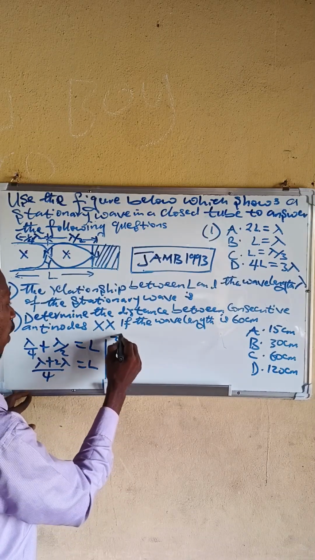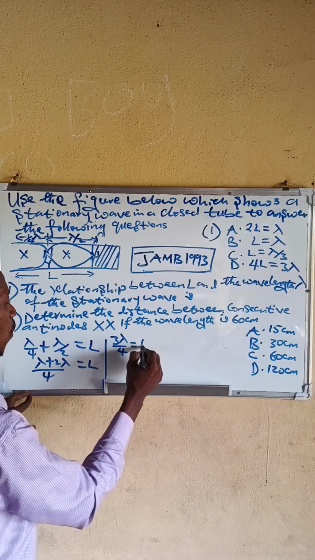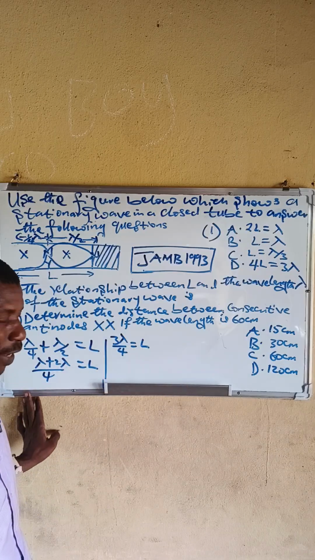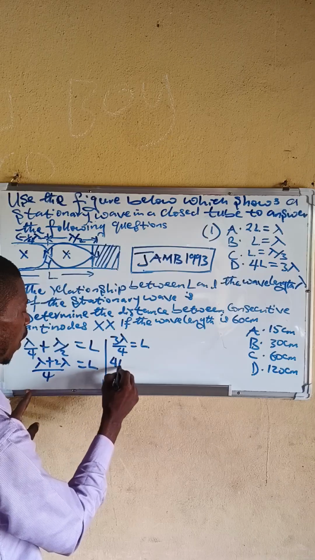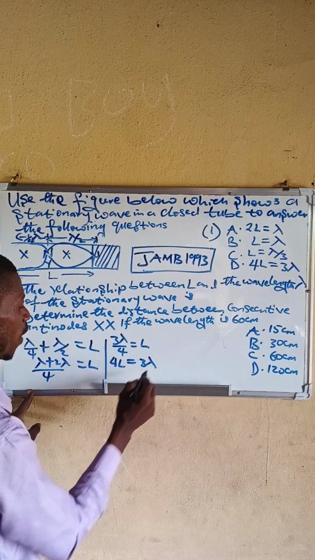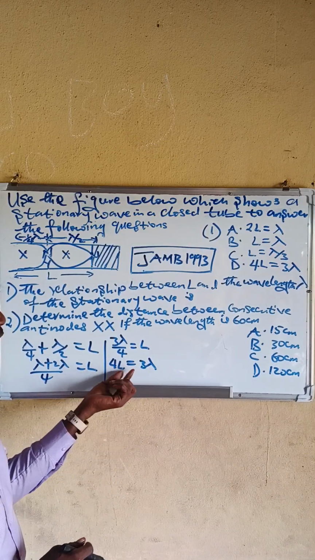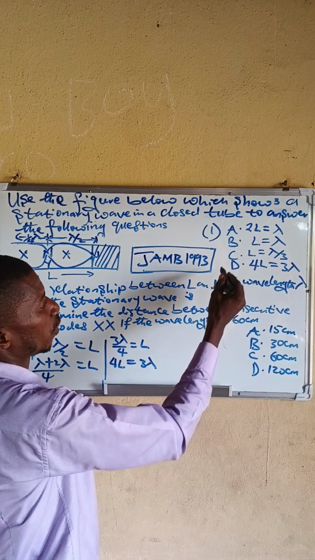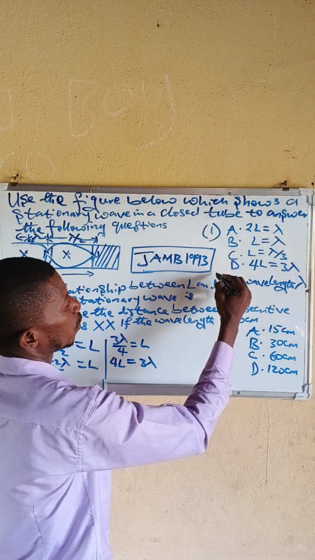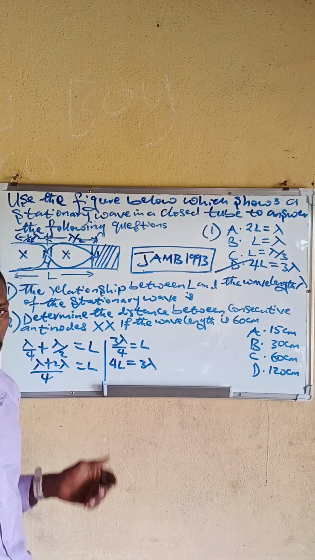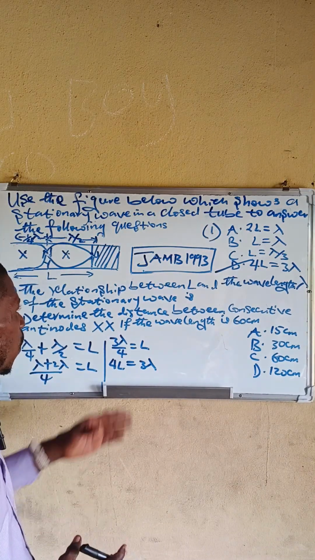So we have 3 lambda over 4 is equal to L. So cross multiply, you now have 4L is equal to 3 lambda. So this is the relationship between L and the lambda. Which option? You can see it is option D. So option D is the correct answer to the question.